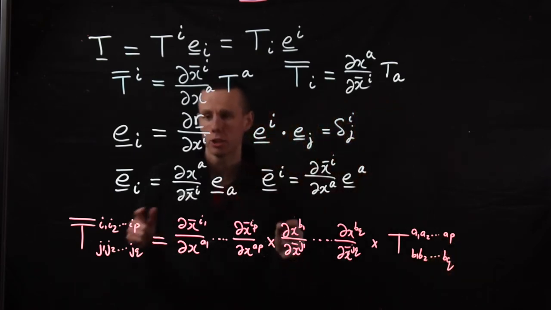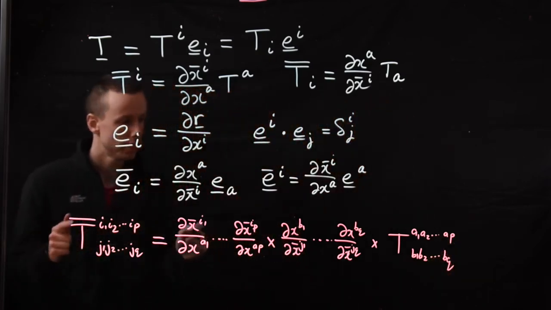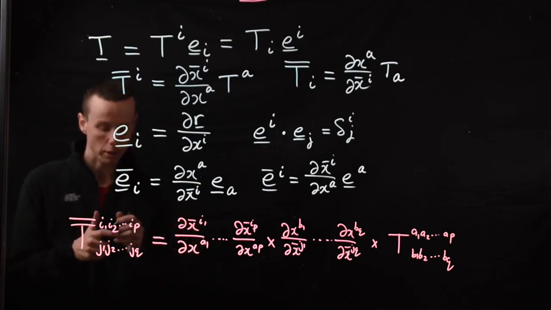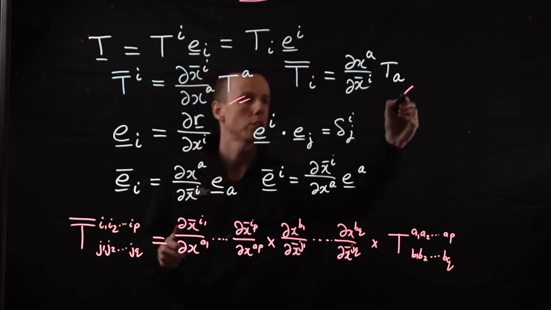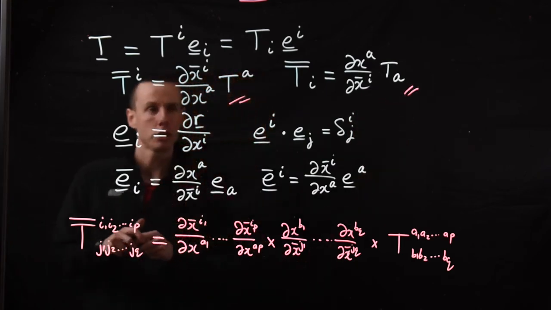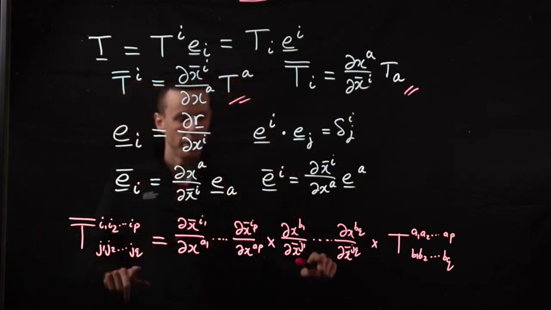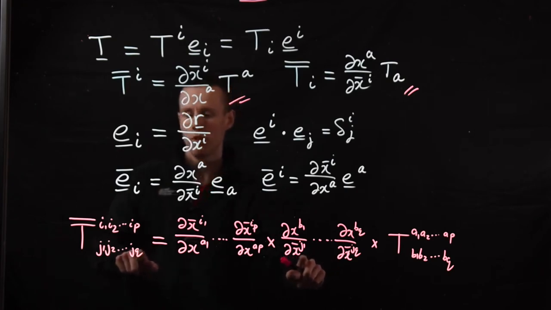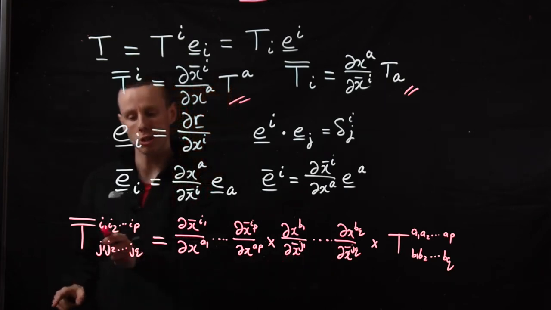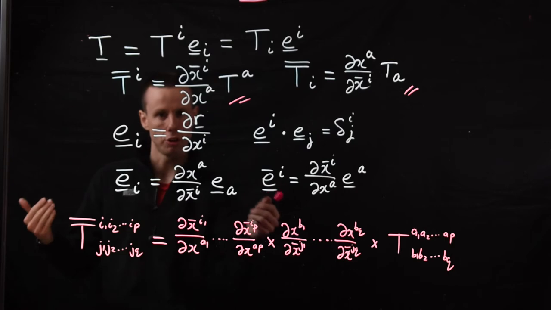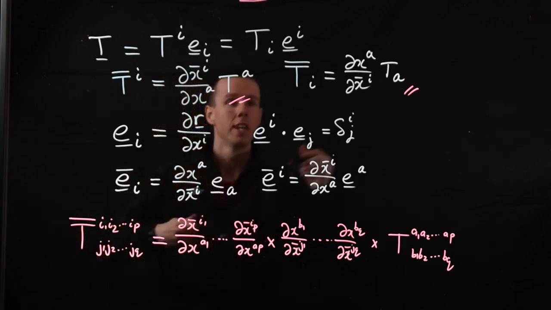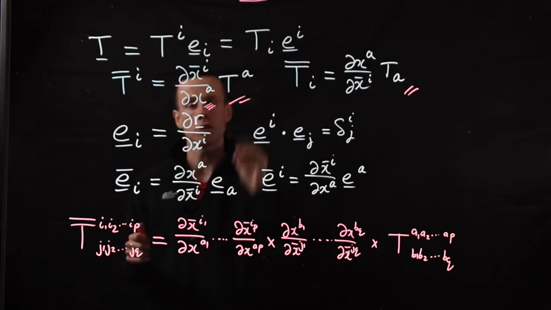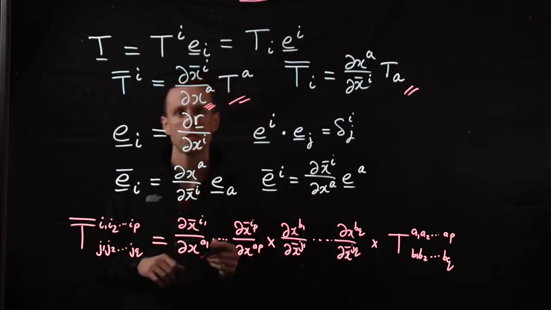So that is the transformation law for a general tensor, which looks quite messy, but really it's quite easy to remember if you know these ones. If you just remember the transformation law for the vector, this is a very natural generalization of that. For each contravariant index, in other words, for each upstairs index, you get a partial derivative like this one from the contravariant vector transformation law.